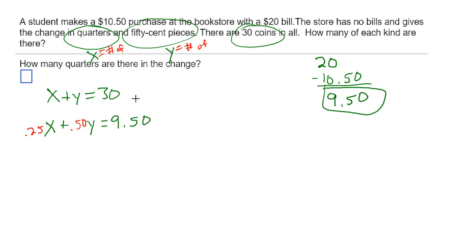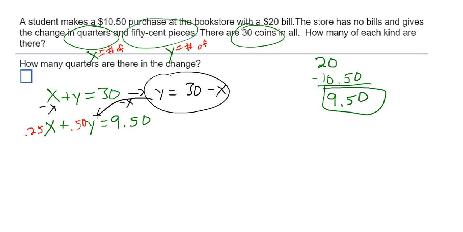All right, so now we want to solve this system of equations, and I think substitution method, again, is the best way to go here. We just subtract x to the other side. We get y is equal to 30 minus x. We'll plug that into the bottom equation, so we get 0.25x plus 0.50 times y, which is 30 minus x, and that equals $9.50.